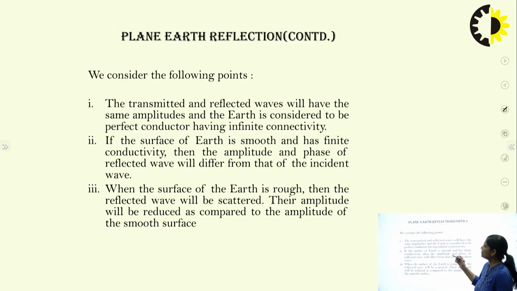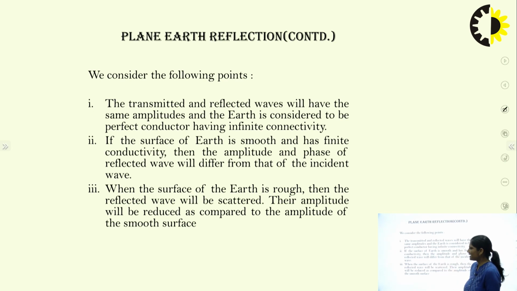These are the three points you should remember when you are considering the case of plane earth reflection. First, the transmitted and receiving waves will have the same amplitude, and the earth is considered to be a perfect conductor having infinite conductivity.